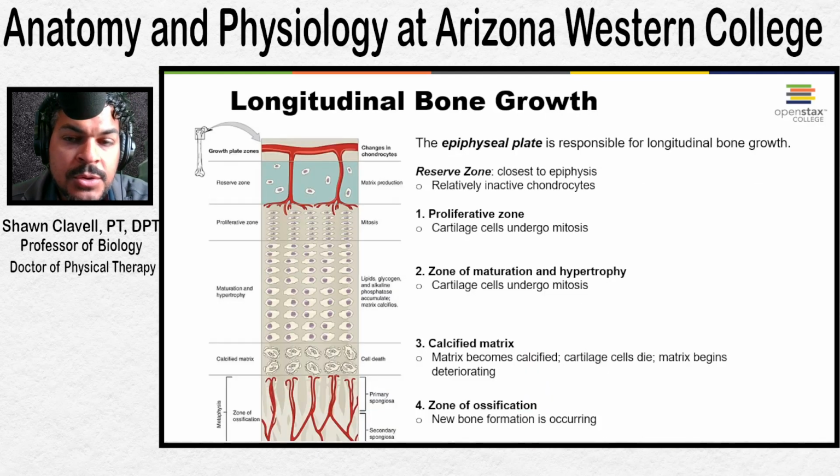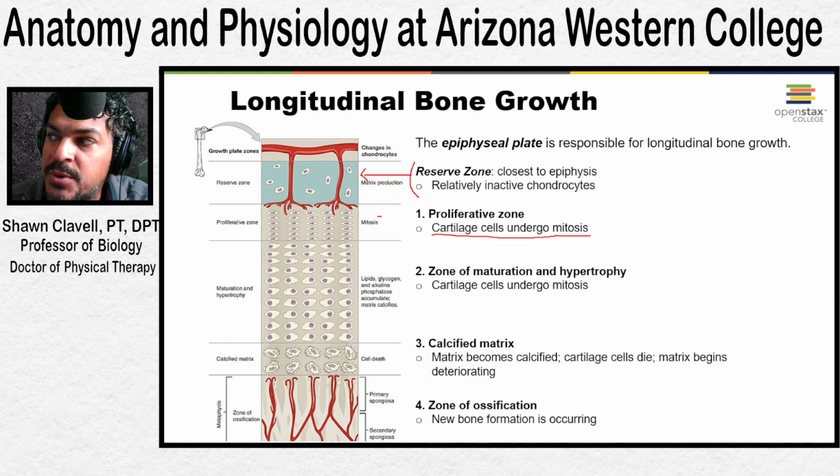For longitudinal bone growth, which we see at the epiphyseal plate, there's a resting zone, often referred to as a reserve zone. That's where we have resting chondrocytes, and the matrix is helped to be produced there. The mitotically active chondrocytes, or cartilage cells, are located in the proliferative zone.